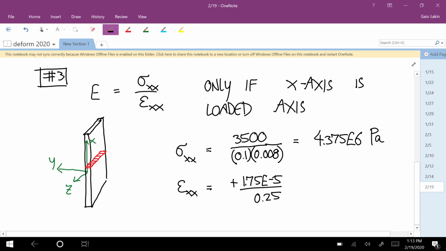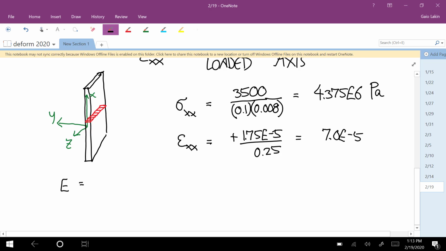So notice that here, it already gave you this in terms of the change of length. Okay, so you don't want to do a subtraction with this as one of the two things you're subtracting. The subtraction only comes when you have the length of the side before and the length of the side after. And so you get a strain of positive 7.0 times 10 to the minus fifth.